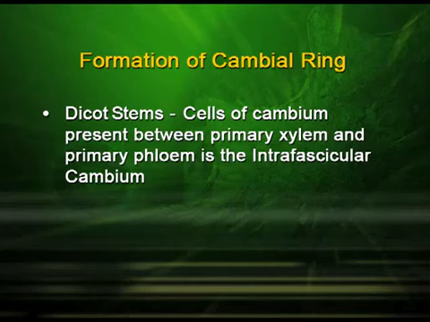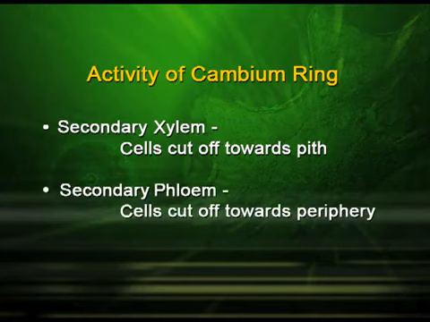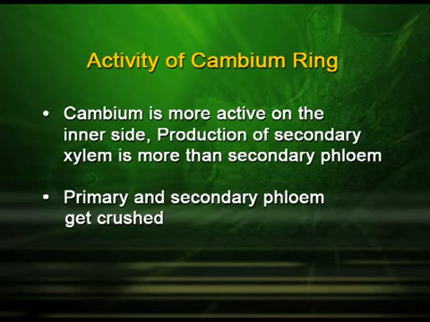Regarding the activity of the cambium ring, the secondary xylem is actually the cells which are cut off towards the pith. The cells which are cut off towards the periphery are called the secondary phloem. The cambium is more active on the inner side and so the production of secondary xylem is more than the secondary phloem.